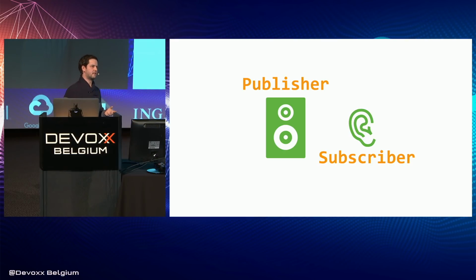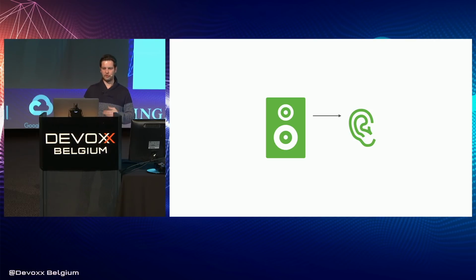Another key concept is that the specification defines a number of signals and how the publisher and the subscriber interact. So what you can get is what we call the onNext signal. An element becomes available, it gets pushed to the subscriber. Maybe a few seconds later, a new element becomes available, it gets immediately pushed to the subscriber.